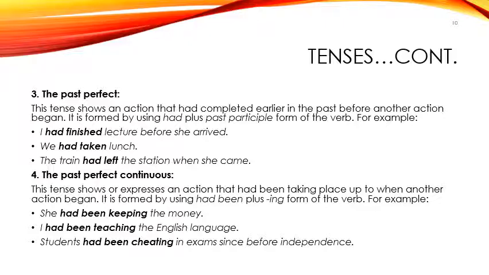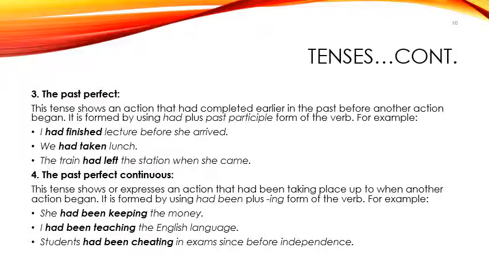Can you see the difference between have and had? Have was used when we were describing simple or present perfect tense. Because this is past, that's why we use had finished. Then we had taken lunch. I believe you can see the difference between regular and irregular verbs in these two examples.